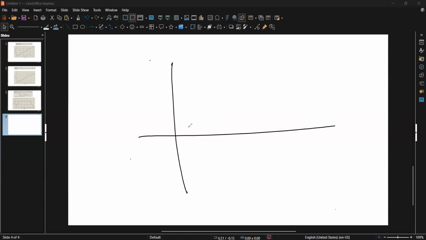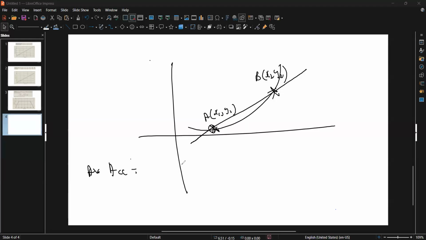If I have a curve like this and you want the average acceleration from A to B, you draw this secant line straight through A and B. If the coordinates of A are x1, y1, and the coordinates of B are x2, y2, then the average acceleration is the gradient of that, which is y2 minus y1 over x2 minus x1, right?